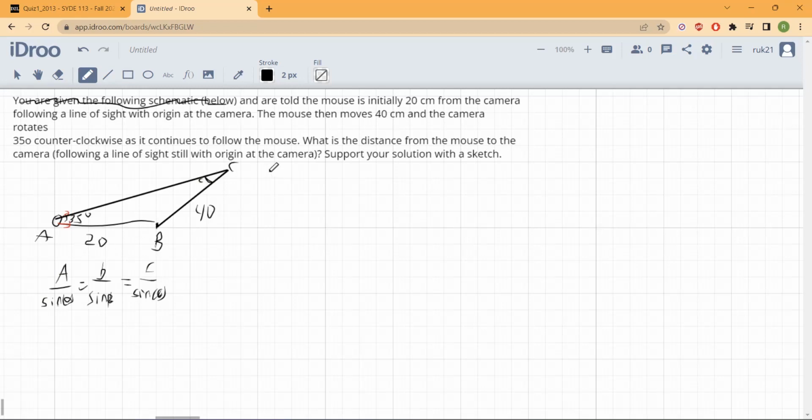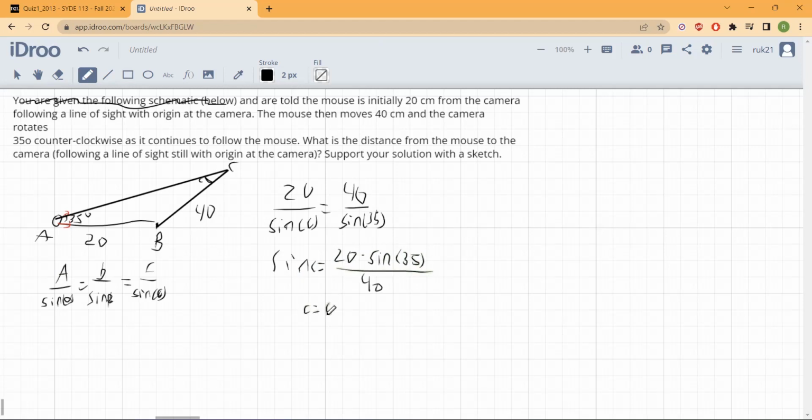Well, again, sine law. So we're going to go 20 over sine of C equals 40 over sine 35. Perfect. Now we're just going to isolate for C. So sine of C equals 20 times sine 35 over 40.